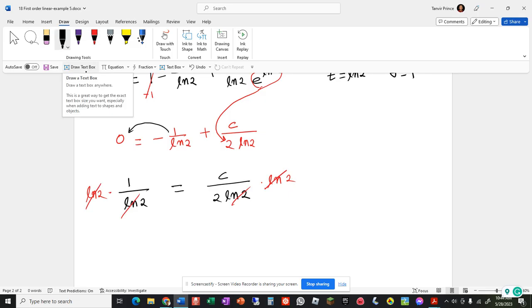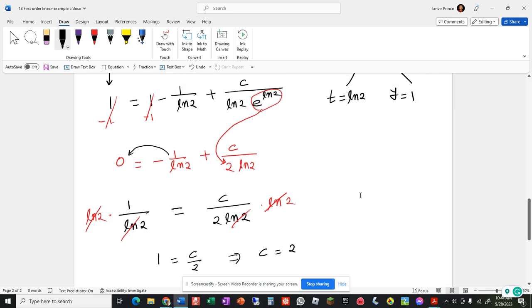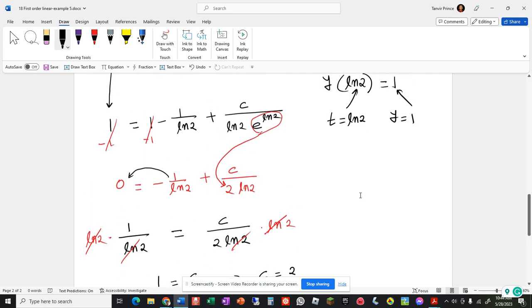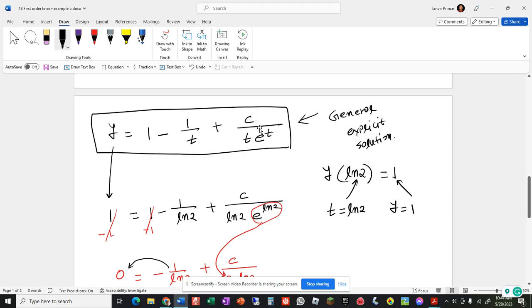So you end up with 1 equal to c over 2. So this means c is equal to 2. So let's go back and replace c by 2 there. So now I know c is equal to 2. So here I have to replace c by 2.